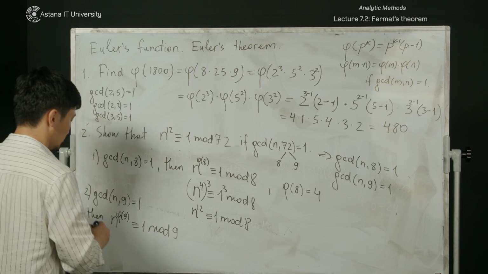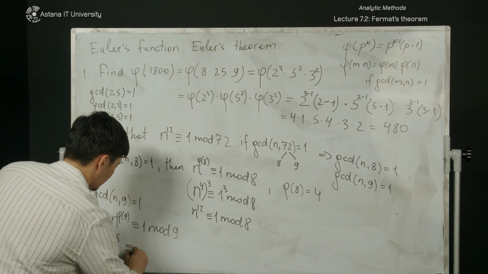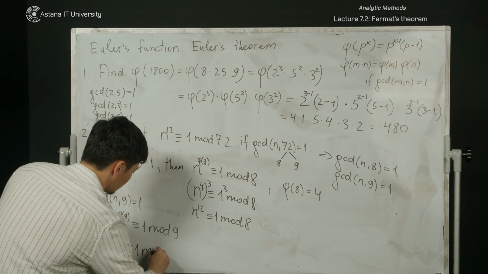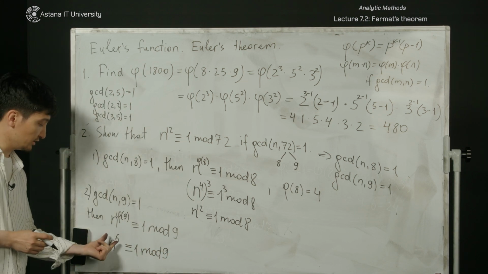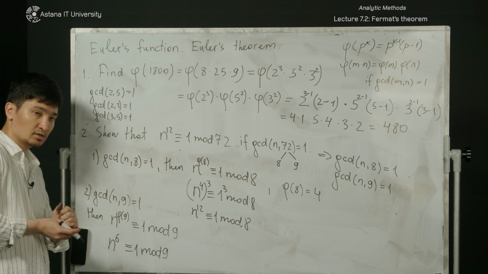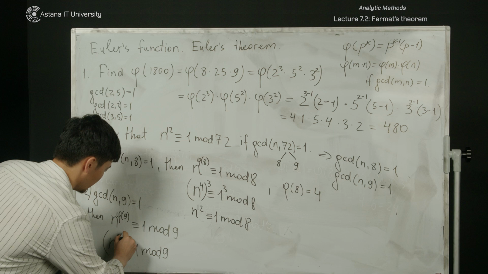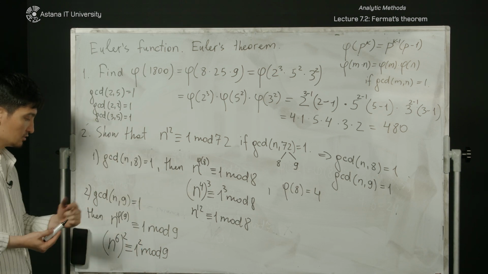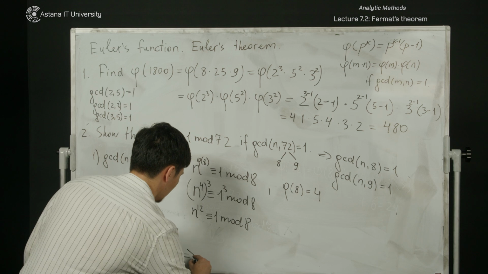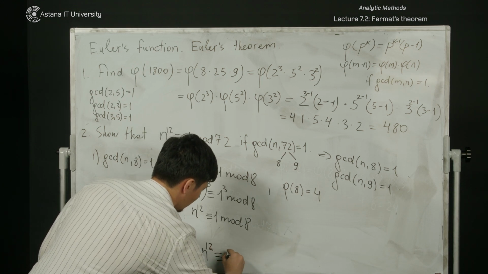So n to the power of 6 gives me 1 mod 9. Now what I need is power of 12, and again I can simply raise it to the power of 2. No problem, 2 is an integer and positive. So n to the power of 12 gives me remainder 1 mod 9.